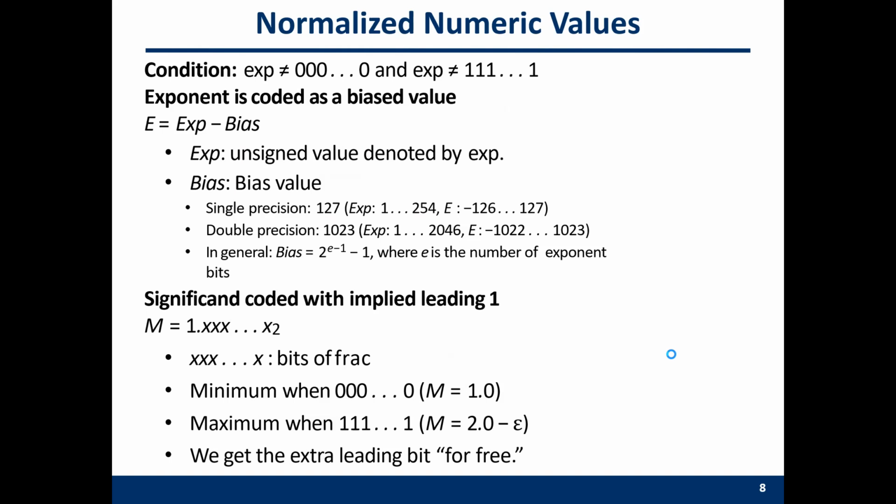So E equals EXP minus Bias, where Bias is the bias of the exponent. For different floating point formats, single precision and double precision, this bias can be represented by the number of exponent bits.